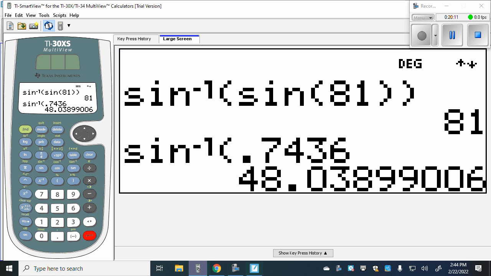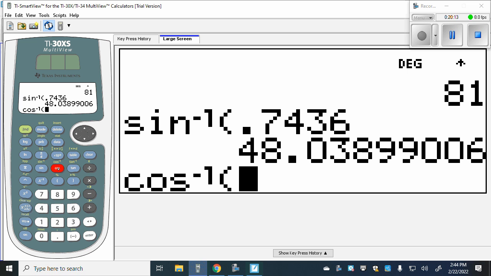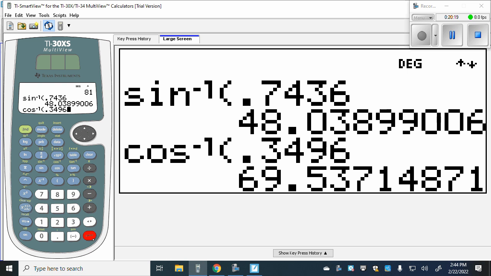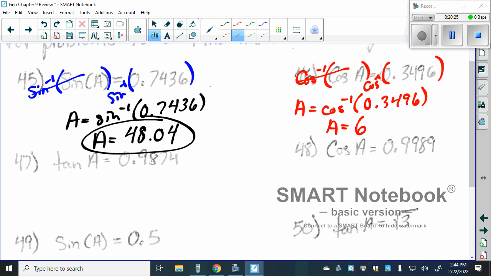And again, we can grab the calculator and say second cosine inverse of 0.3496, which gives 69.54. And that's it. Questions on these here?